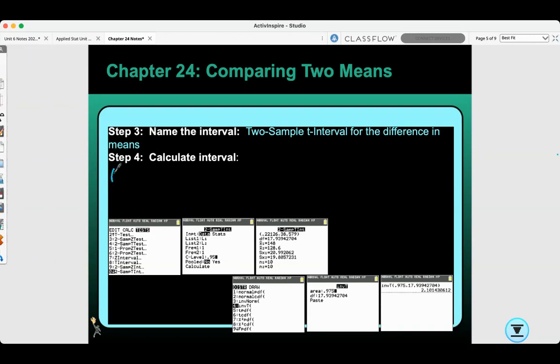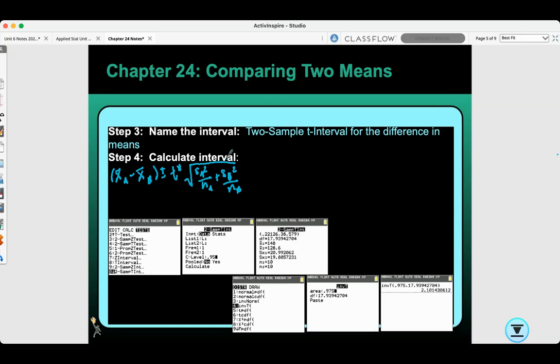It's going to be x bar A, meaning the mean flight distance for plane A, minus x bar B, the mean flight distance for plane B, plus or minus t star, the square root of our standard deviation of A squared all over the number of trials for plane A, plus the standard deviation of B squared all over the number of trials for plane B.